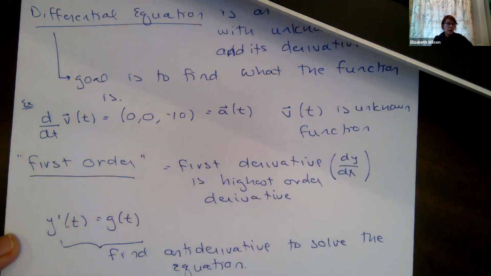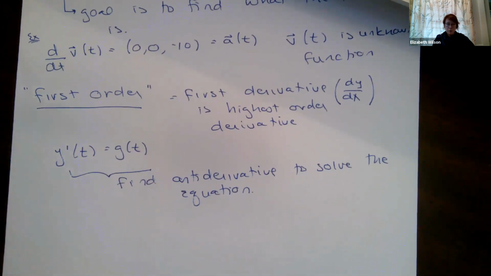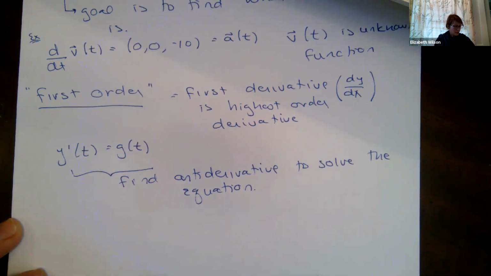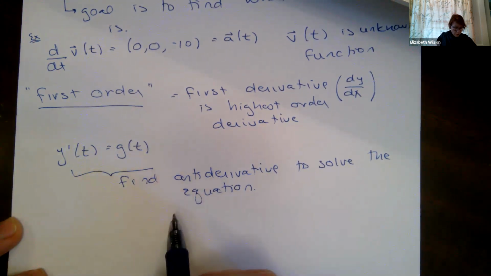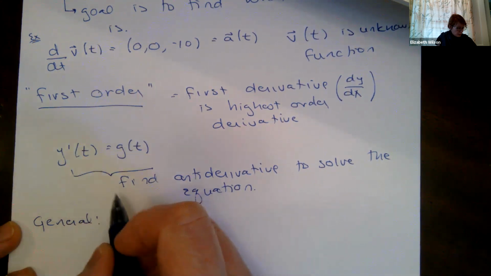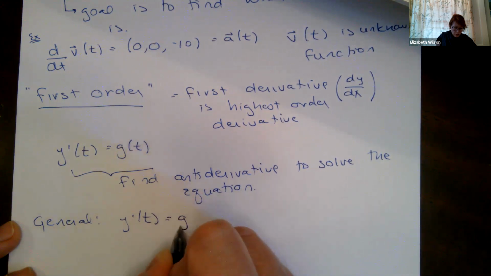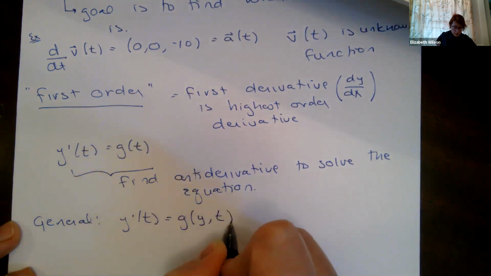So we've been doing a lot of this as we go. We've been doing this whole process as we go. And now we're going to pull it together and talk about why we care. Why is this important? Generally speaking, I can write something like y prime of t equals g, which is a function of y and t.